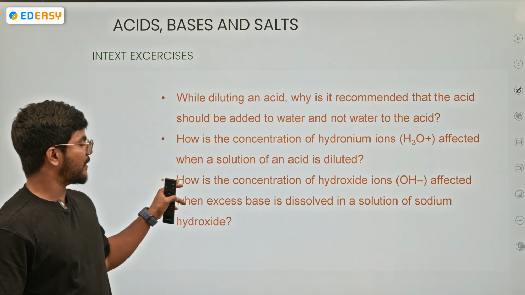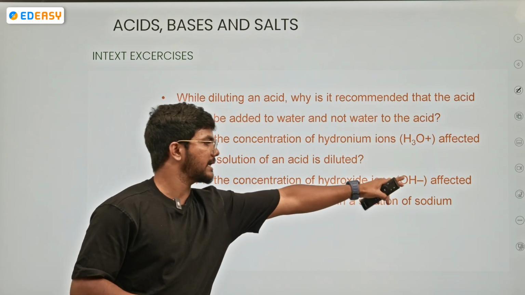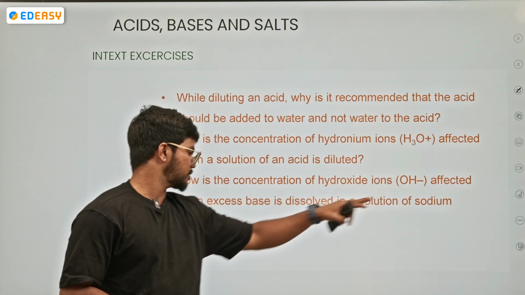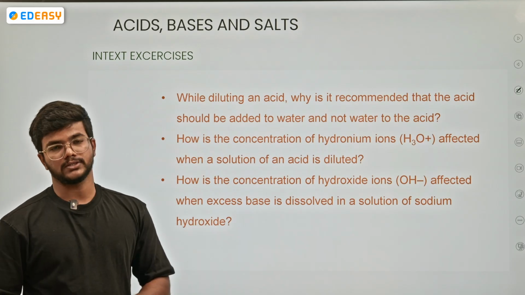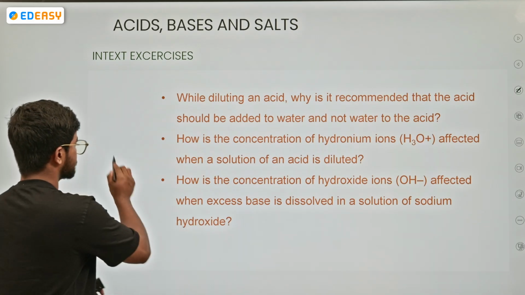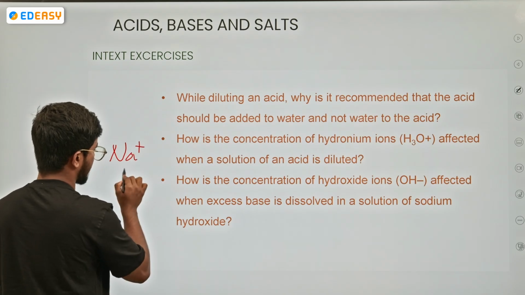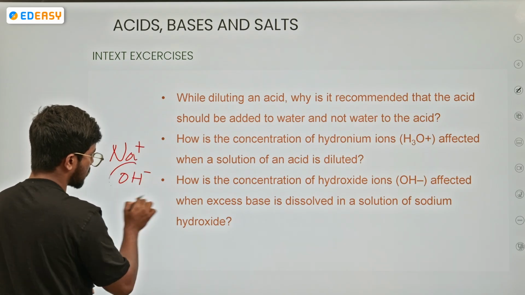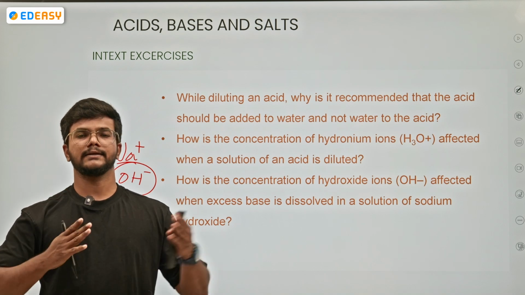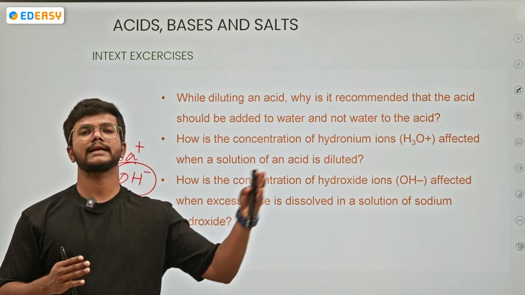Next, how is the concentration of hydroxide ion affected when excess base is dissolved in the solution of sodium hydroxide? Sodium hydroxide, when it dissolves in water, produces Na plus and OH minus. When the OH minus concentration increases, the conductivity of electricity increases.